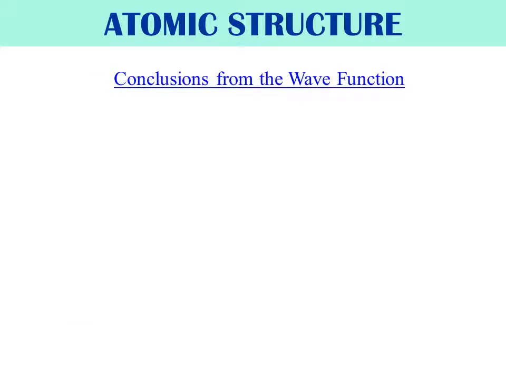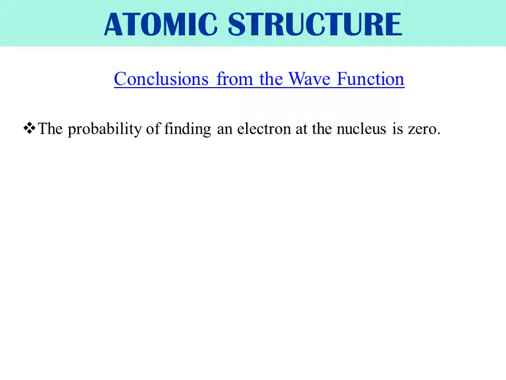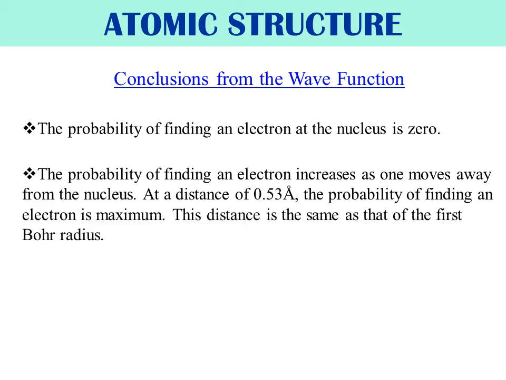Now, what are the conclusions from the wave function? The probability of finding an electron at the nucleus is 0. So we will not have any chance of finding an electron within the nucleus. The probability of finding an electron increases as we move away from the nucleus, and the minimum distance where we get this chance is 0.53 angstrom.